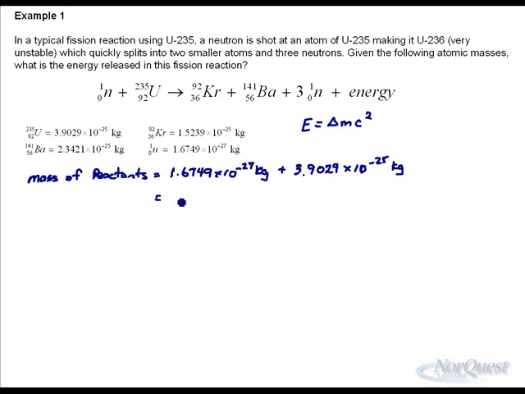You should get 3.919649 times 10 to the negative 25 kilograms. We tend to not worry about significant digits because with these tiny little numbers, a little change really affects our answers. Let's find the mass of the products now.